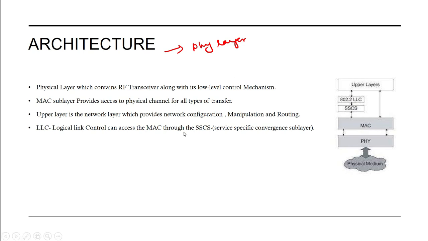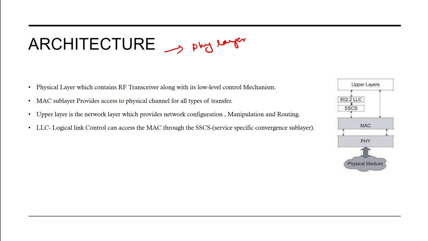So here we have the architecture, and the lowest layer is used with respect to the RF transceiver. The RF transceiver will be used either as a transmitter or receiver with low level control mechanisms. The uppermost layer is the MAC layer. The MAC sublayer provides access to the physical channel for all types of data transfer.